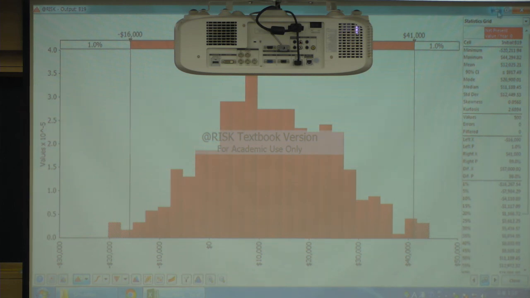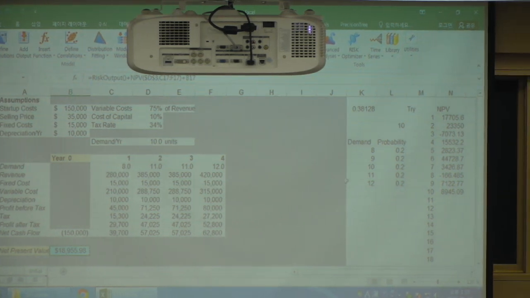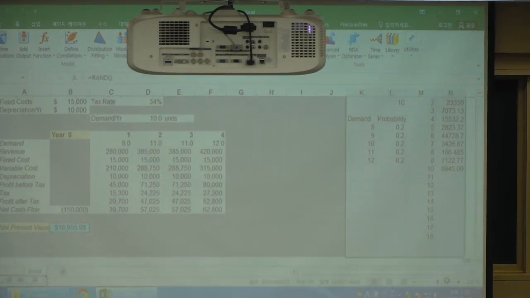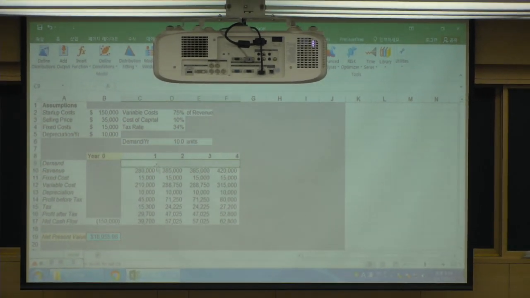All right, and I want to go a little further, and let's say I want to get rid of all this, and then I want to get rid of all this. I'm sorry, I think I don't need to do that.